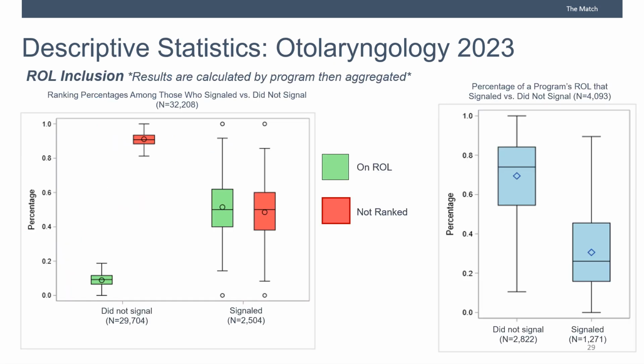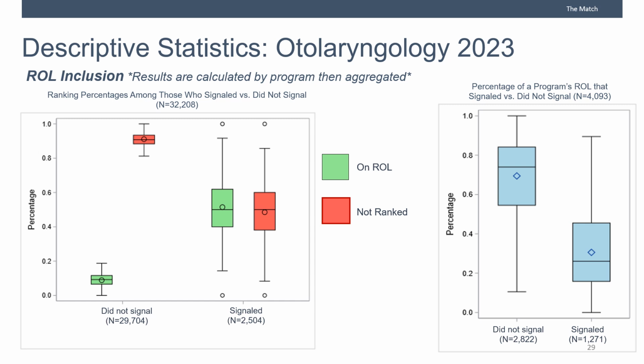Now we're going to get into our descriptive statistics, starting with the roll inclusion for ODO. Just as a reminder, as with general surgery, percentages are calculated at the program year level, and then the results are aggregated into these box plots. Additionally, there are some differences to note between general surgery and ODO.